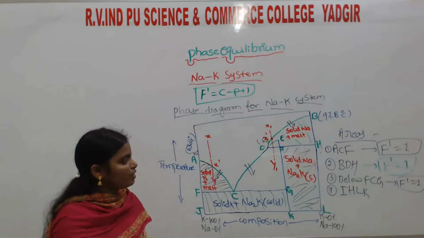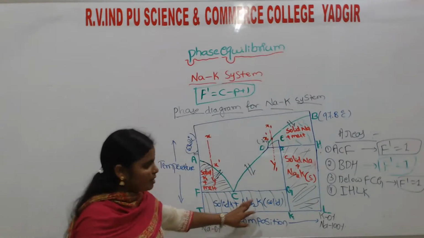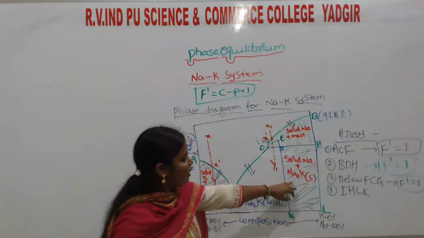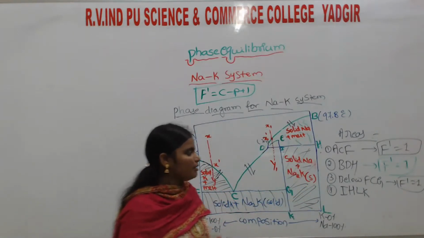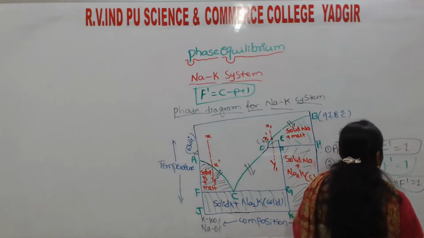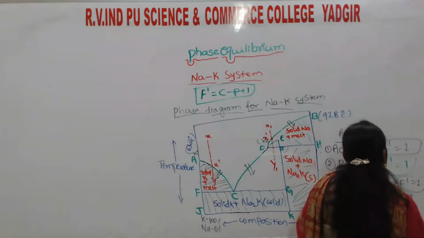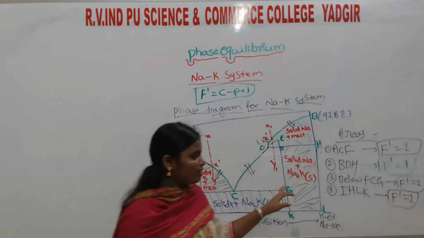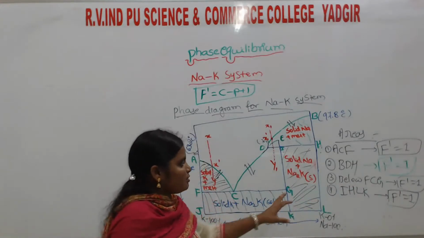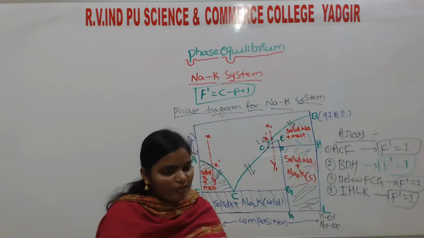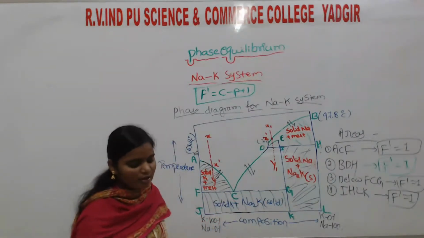One is solid sodium, and the other is solid Na2K, a new compound. Here also the degree of freedom F dash is equal to 1. Two phases are present, a two-component system, and the degree of freedom is 1. This area is univariant, or monovariant, in nature.